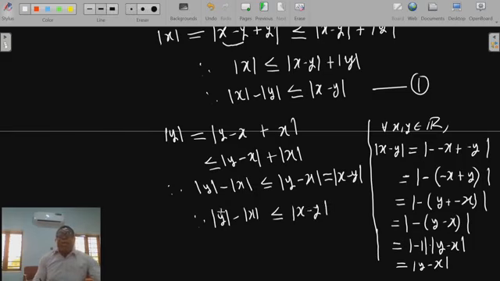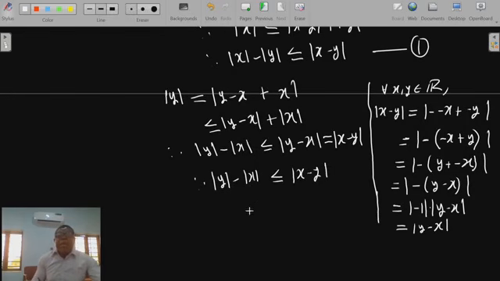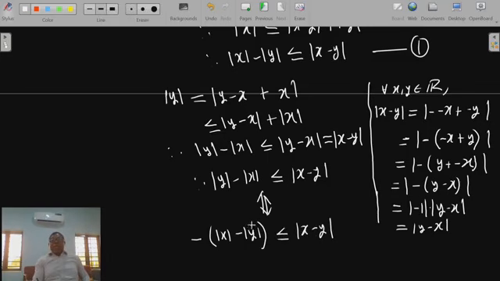Now going further, I can still manipulate here algebraically by rewriting this particular inequality as equivalent to minus into absolute value of x minus absolute value of y is less or equal to absolute value of x minus y. These two are exactly the same, because by the time you open up this bracket, you find out that you get this.